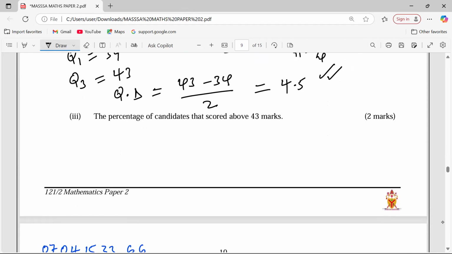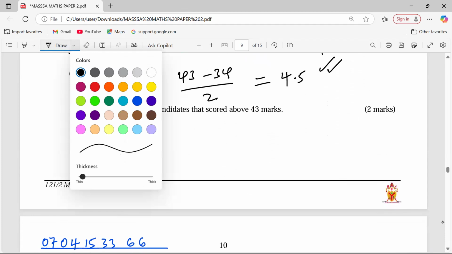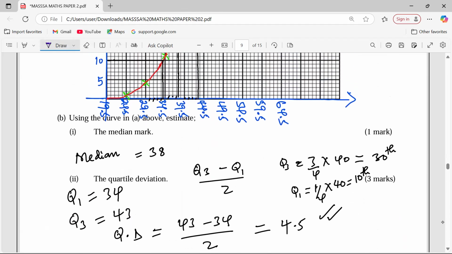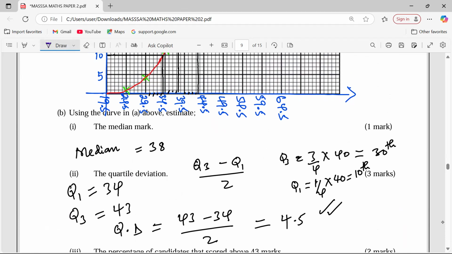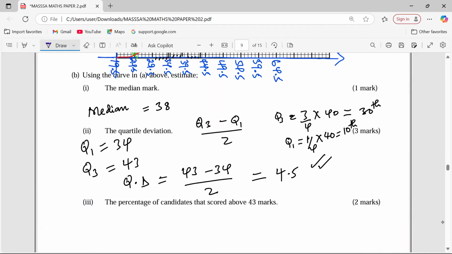Let's check number 3. The percentage of candidates that scored above 43. So we go to 43 marks. You see, 43 is already here.